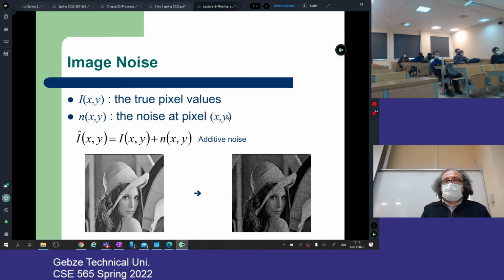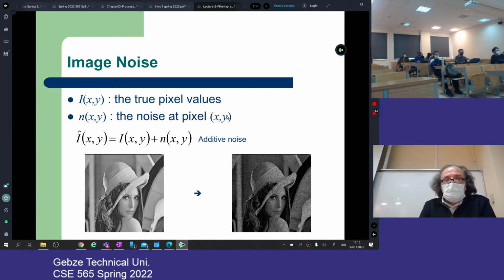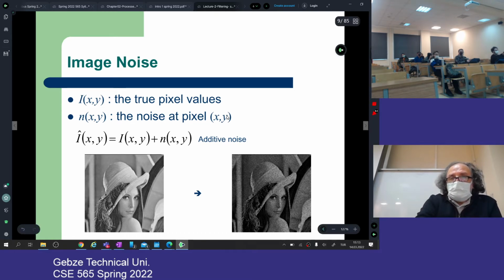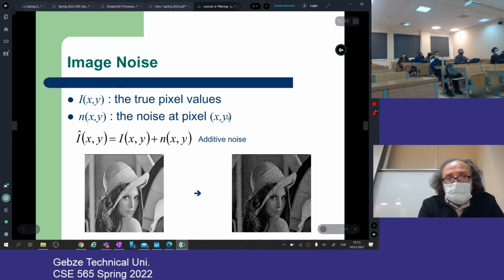This is how we model the noise. We say that an image pixel should be perfectly I(x, y): an image I at position x and y should have this perfect pixel value, but somebody adds noise at that position, and I observe this I hat.